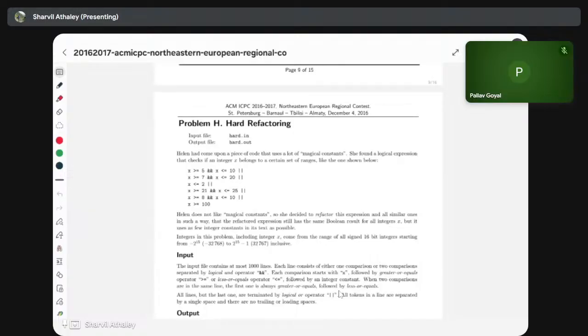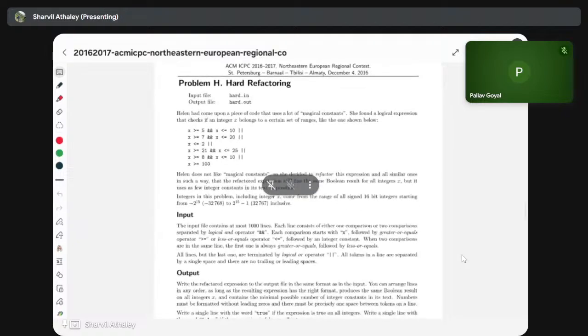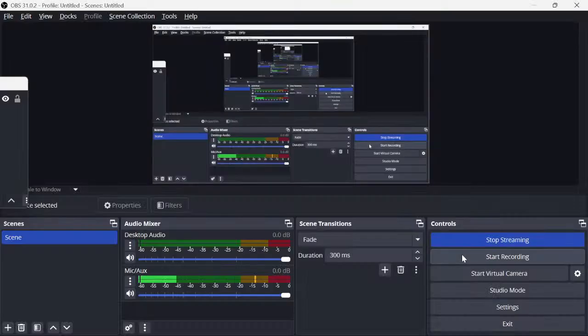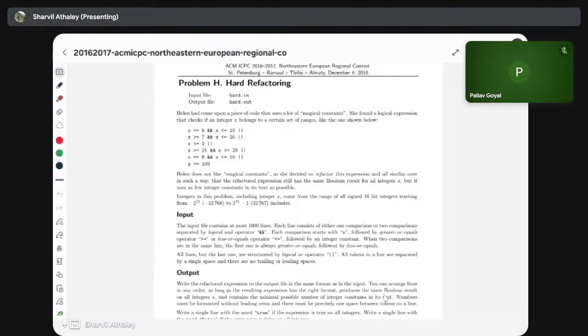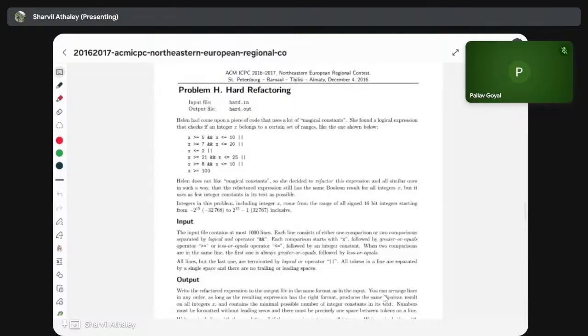Hello guys. Today we'll be discussing today's Go for Gold ICPC contest. We'll first be discussing problem H. It was a relatively very simple problem.